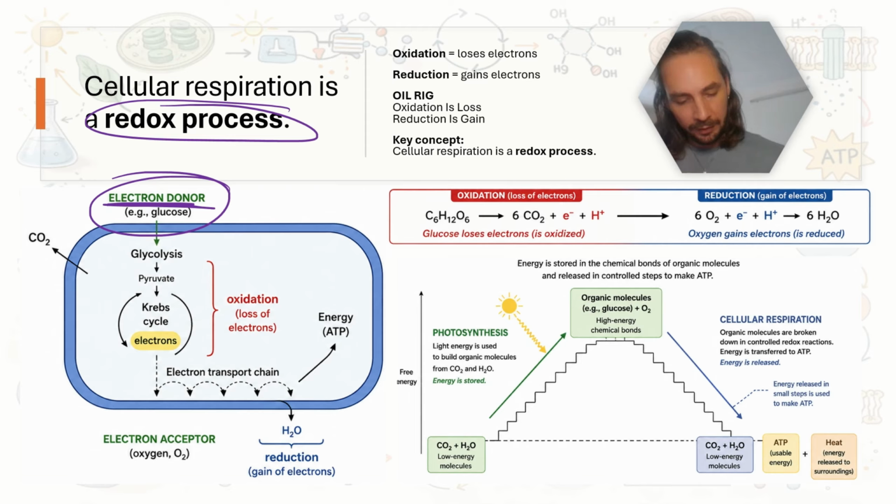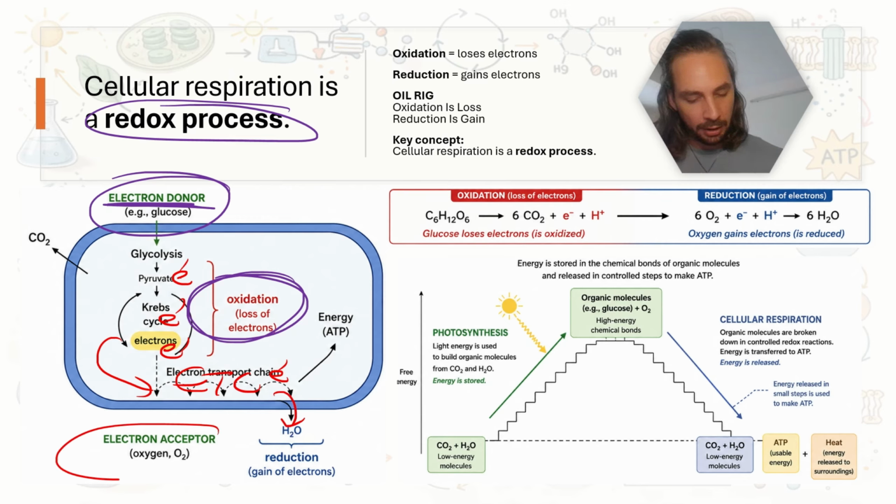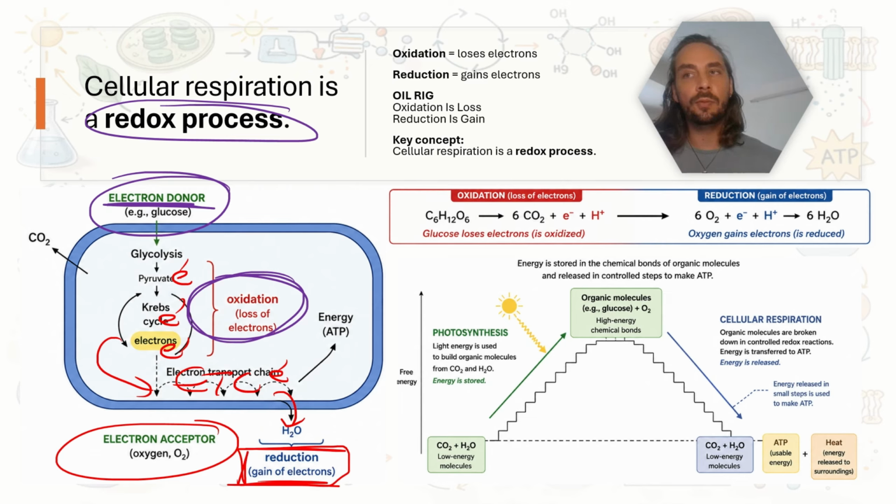And most of it is oxidation, where glucose would lose electrons. And these electrons will be transported to the electron transport chain. And finally, the electrons would be accepted by oxygen and reduced to form water.